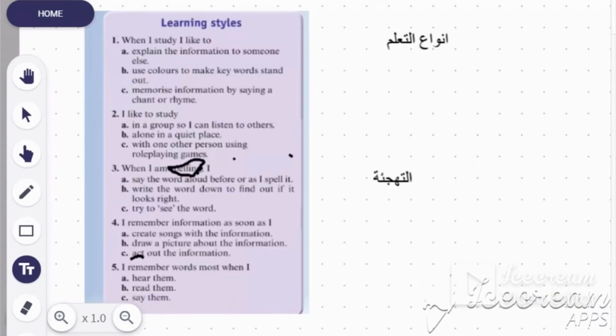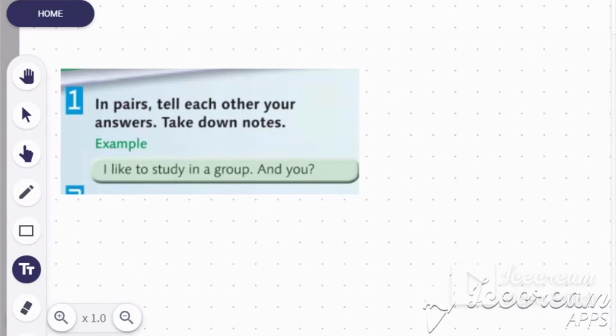I like to study. When I study, I like to explain information. When I study, I memorize information by saying in a chant or a rhyme. You make the information in a song.